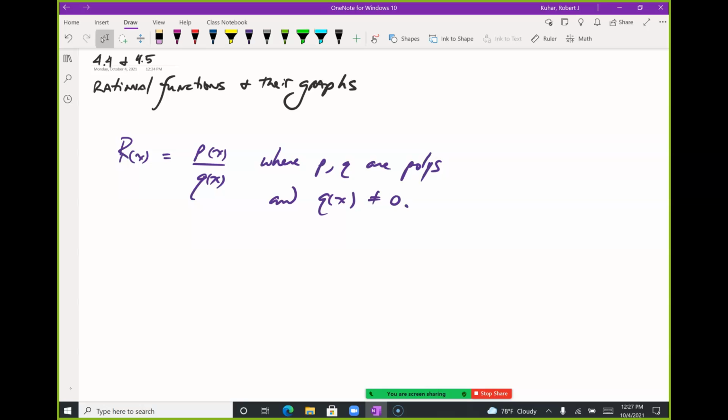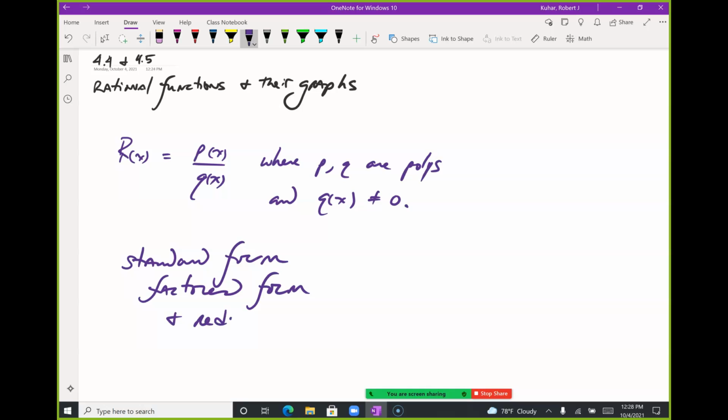I want to think of three versions of this particular function. I want to think of one in standard form, one in factored form, and one in reduced form. So we're going to be looking at standard form, factored form, and reduced form.